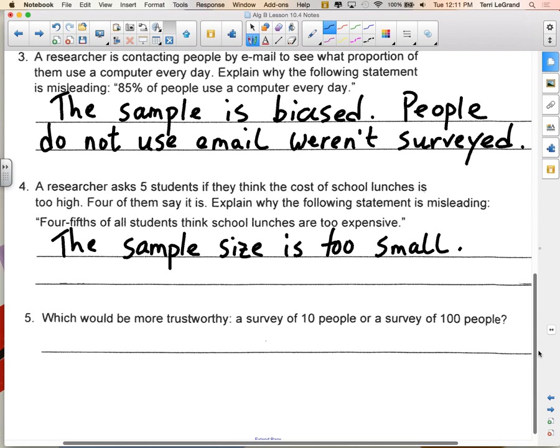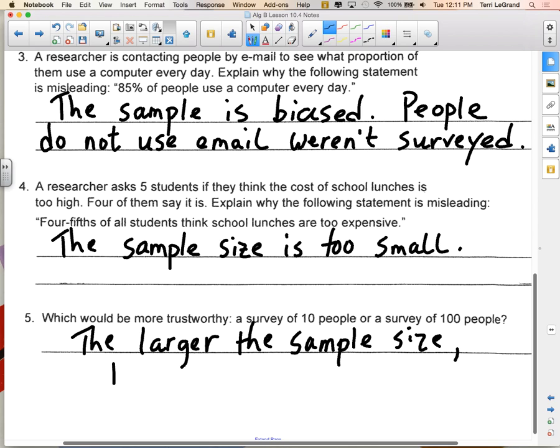Okay, so which would be more trustworthy then, a survey of 10 people or a survey of 100? 100. It seems like a no-brainer, doesn't it? Why is it 100? Yeah. The larger the sample size, the more trustworthy the results.